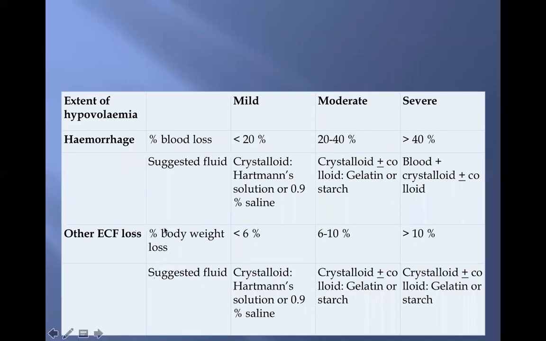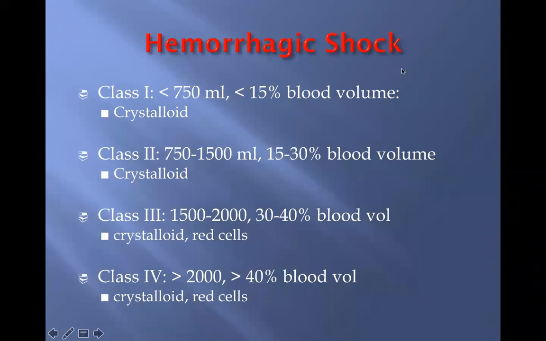This is the mild, moderate, severe blood, fluid loss, not blood loss, in cases of hemorrhage, and here in other extracellular fluid means rather than the blood, like that of GIT, for example. And how can we replace according to the percent of loss? Hemorrhagic shock also can be classified from 1 to 4 according to the amount of blood loss and into several percents.